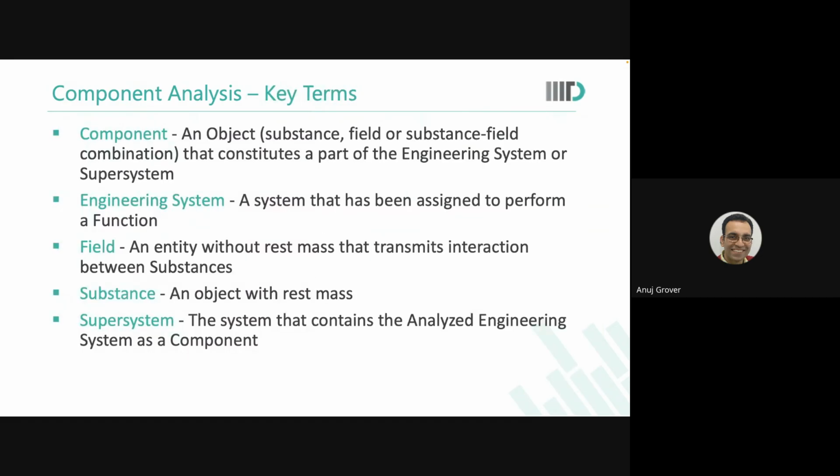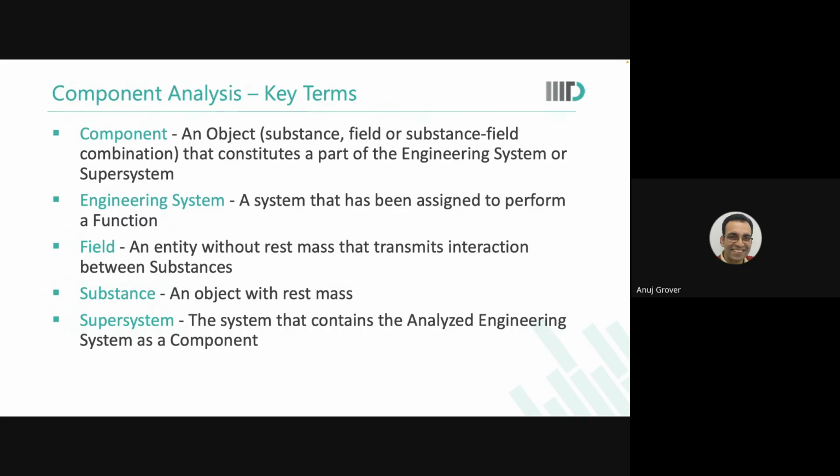So revision. What is a component? An object, which could be a substance, a field, or a mix of substance and fields, which is a part of the engineering system or its super system. What is an engineering system? A system that has been assigned to perform a function.